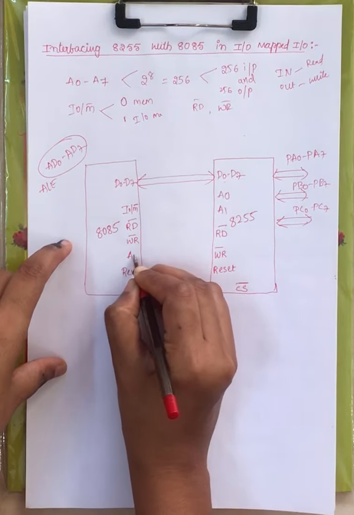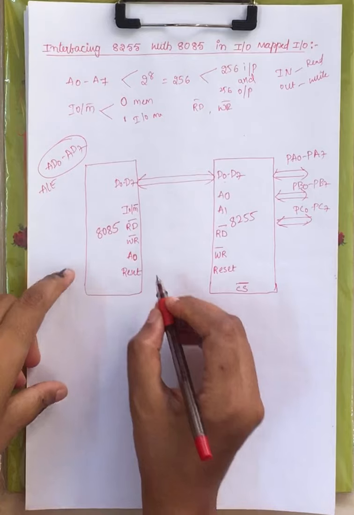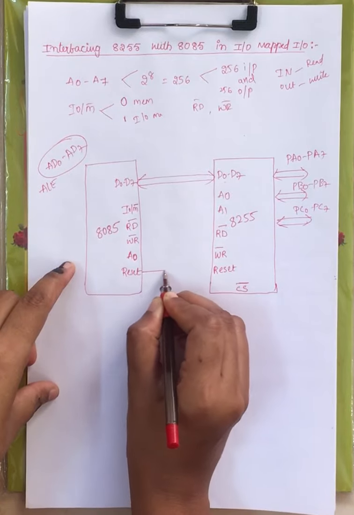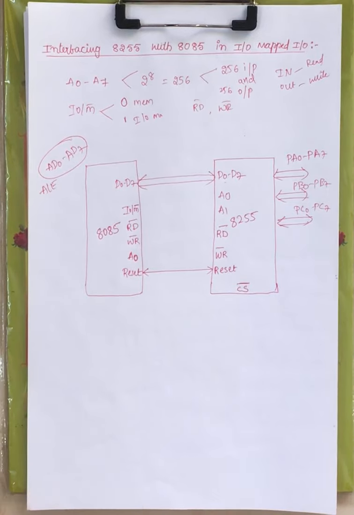Here we are using only 8 address lines. And next, reset of 8085 is connected to reset of 8255.